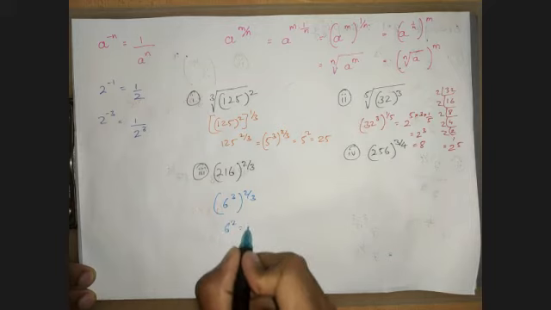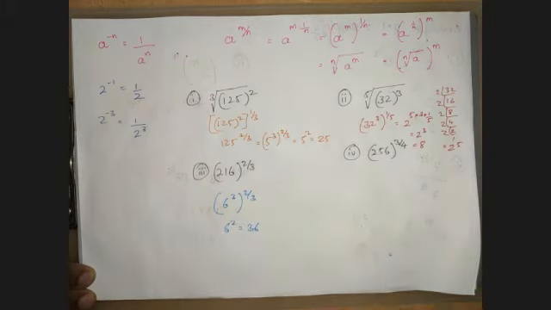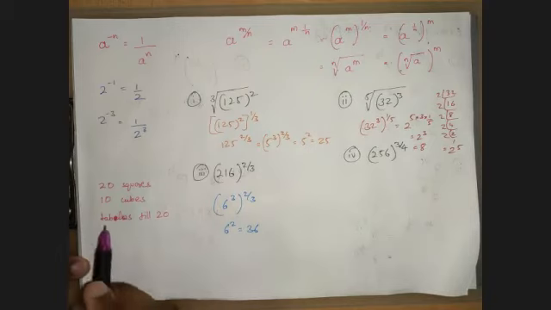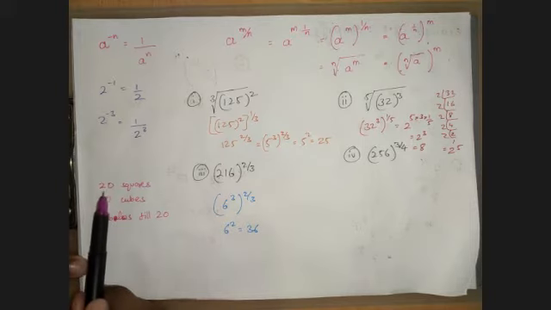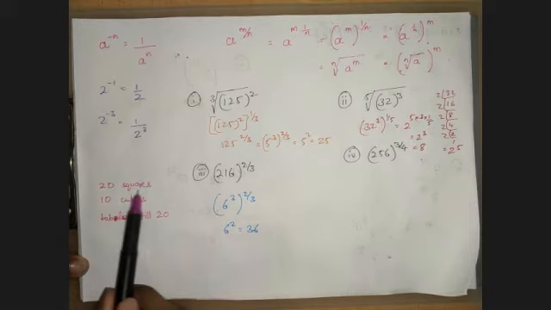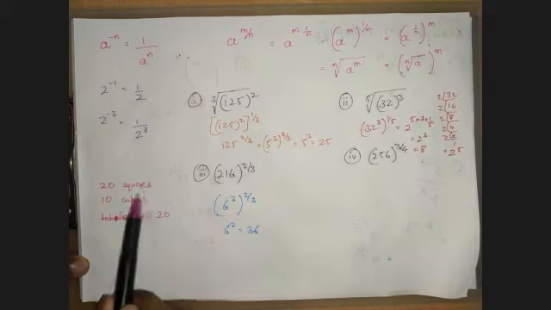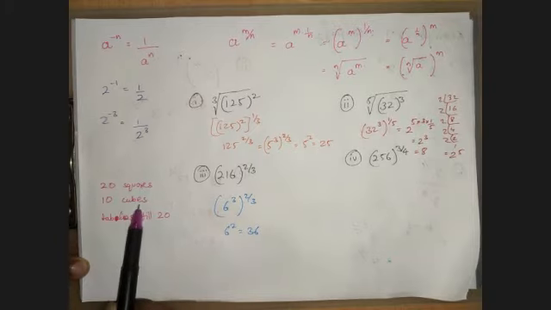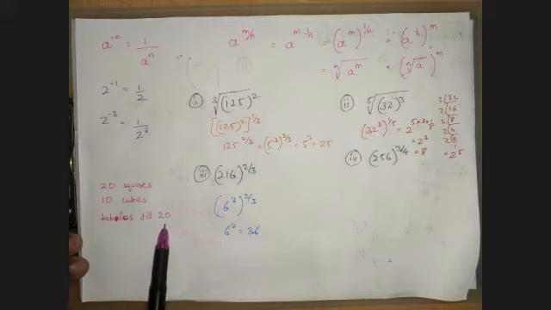It is 6 square, which is equal to 36. For the sake of ease, to make things simpler, I would recommend you to learn the squares of first 20 numbers, cubes of first 10 numbers, and tables till 20. That would be very helpful in your exam.